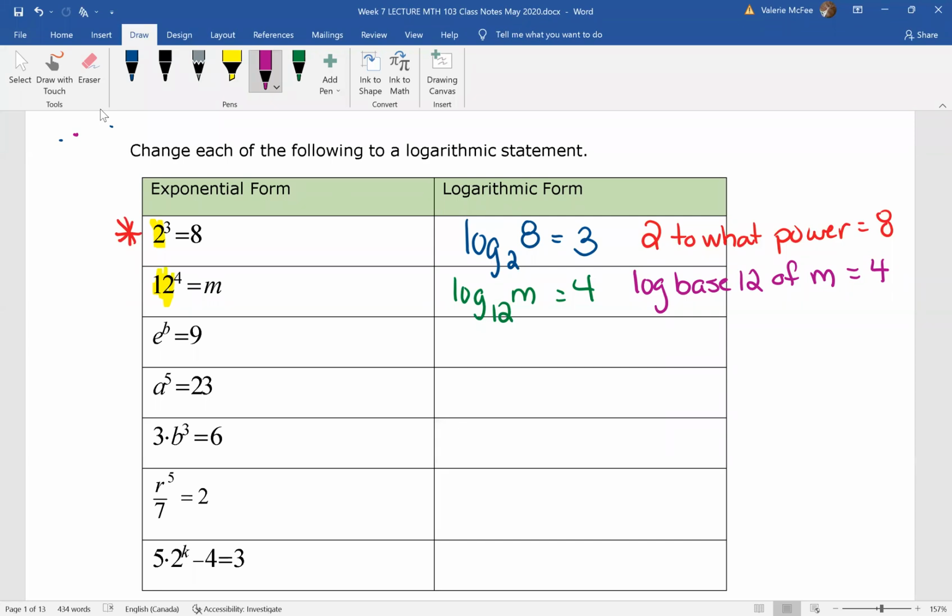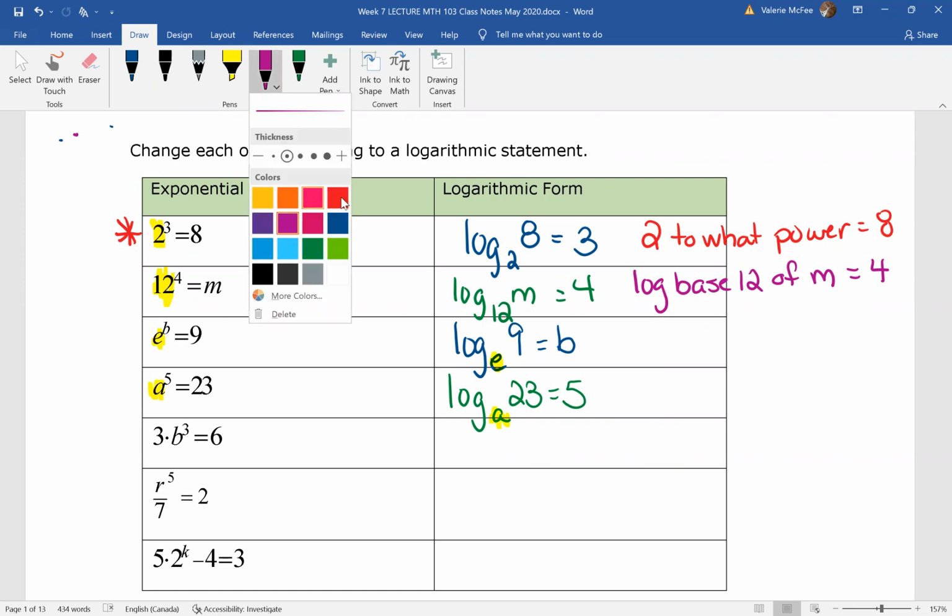Why don't you try the next two? Write them in log form. So again, the bases are the same, and the answer to a log is the exponent.